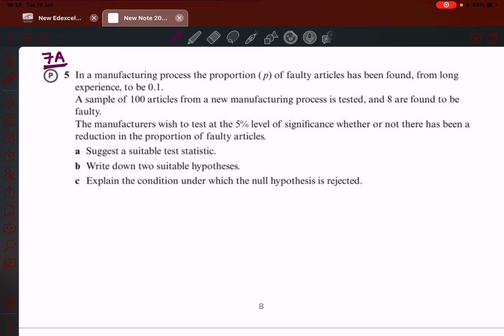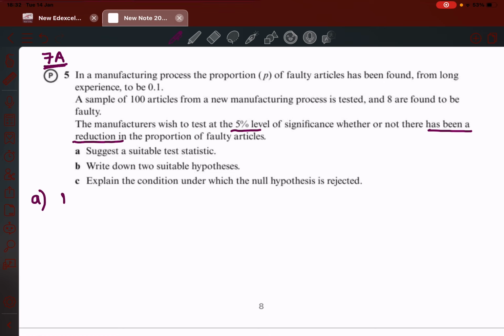The manufacturers wish to test at 5% level of significance whether or not there has been a reduction in the proportion of faulty articles. So we are looking at if there has been a reduction in the proportion of faulty articles. So suggest a suitable test statistic.